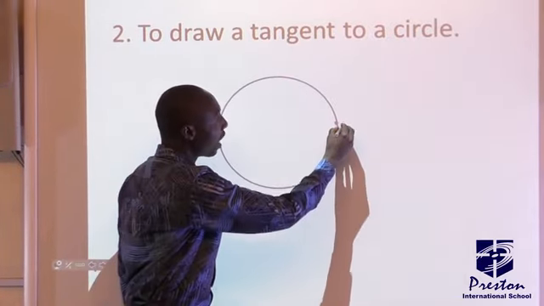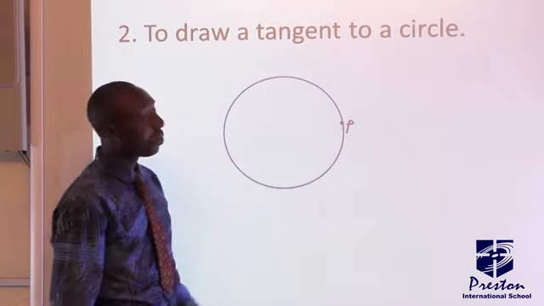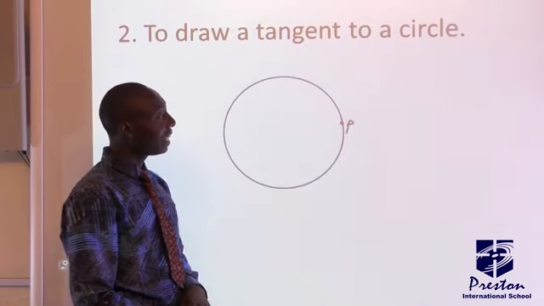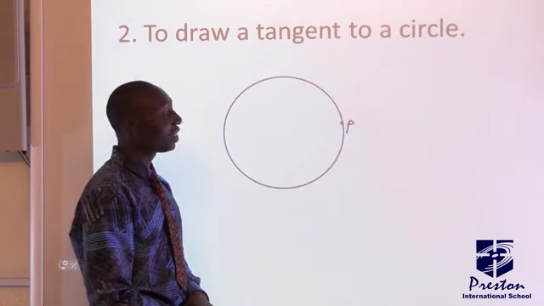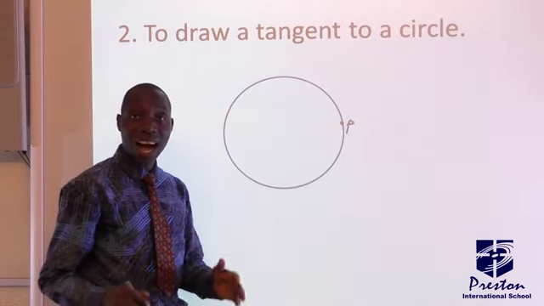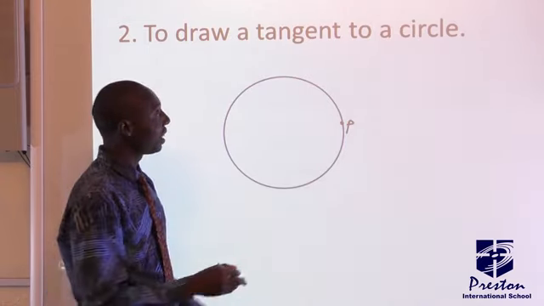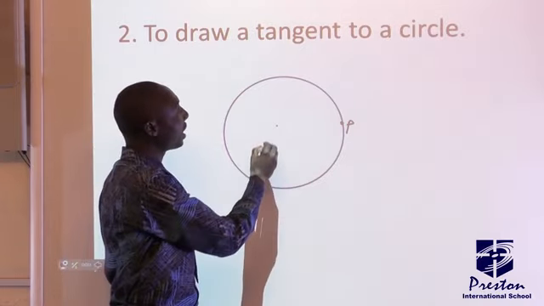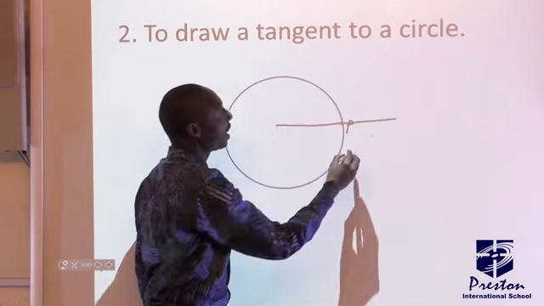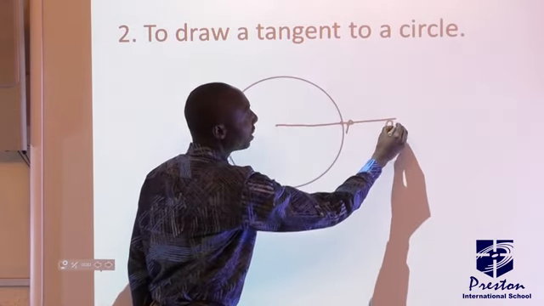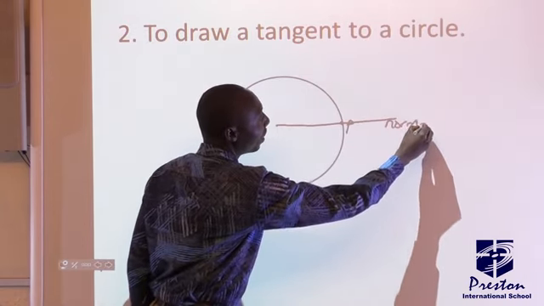And let's say that's our point P, and we want to draw a tangent to it. A tangent is a line that touches the circumference of a circle at a point. So from the center of the circle, draw a line to that point P. And this line we refer to as the normal.